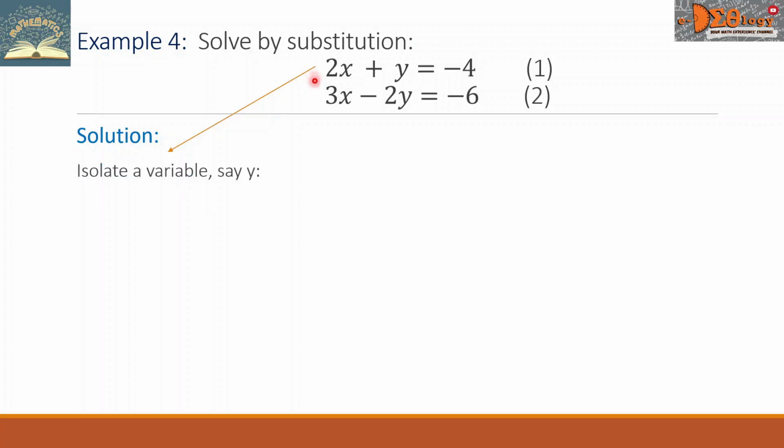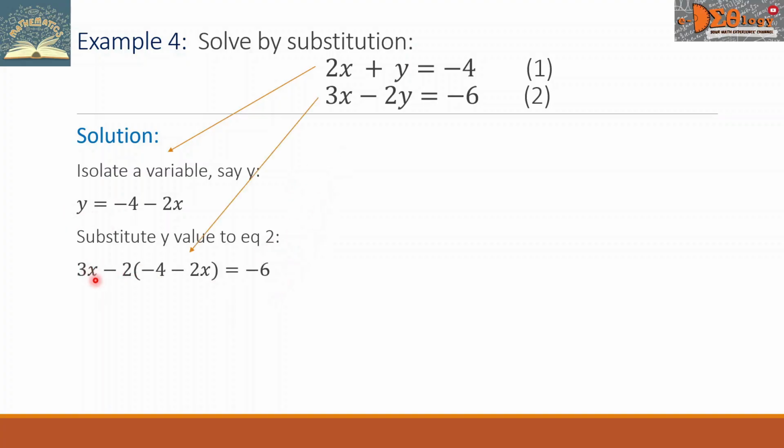For equation 1, let us isolate a variable, let's say y. We transpose this 2x to the right, so it becomes negative. Equation 1 becomes y equals negative 4 minus 2x. Next, we substitute this y value to equation 2.